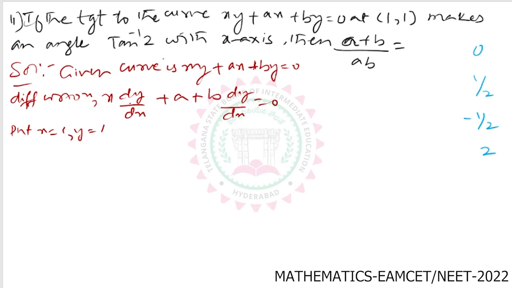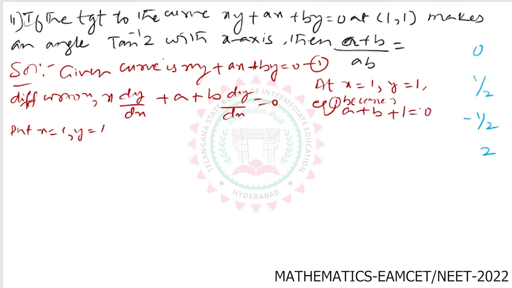What is the value I am getting here? If I substitute x is equal to 1, y is equal to 1 in equation 1, this is 1, this is 1, so equation 1 becomes a plus b plus 1 is equal to 0.